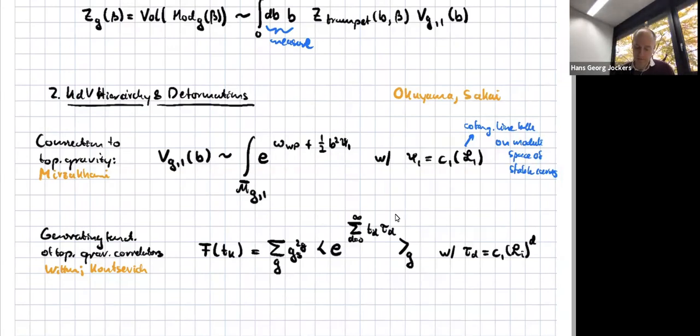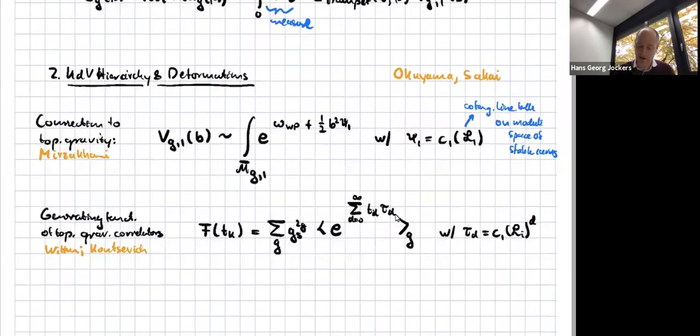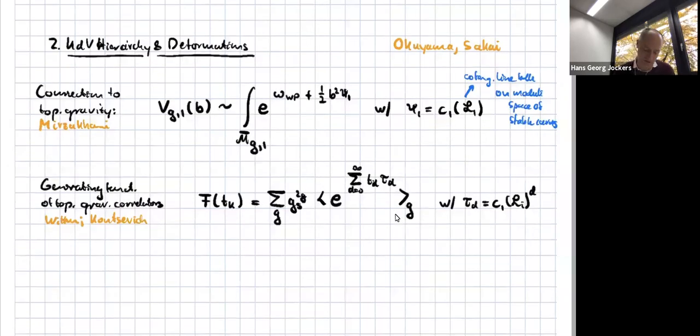Okay, so the nice thing now is that this generating function connects directly to the generating function of JT gravity correlation functions.